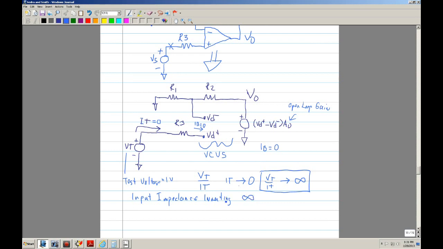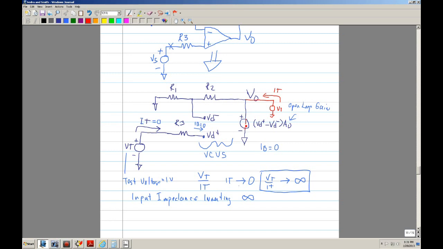Now we can also do the same thing with the output. We can put a test voltage here, VT, that generates an IT. But you have a voltage source here, and anytime you have a voltage source, you assume that it's shorted.